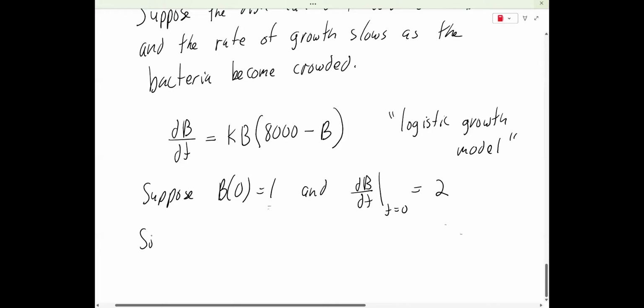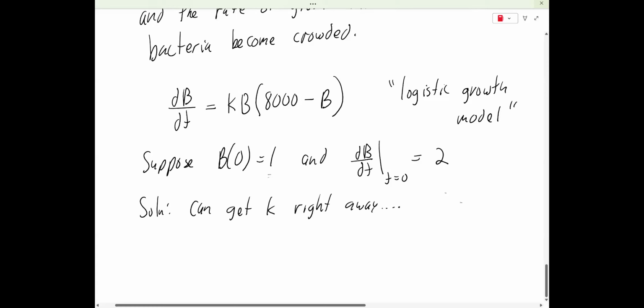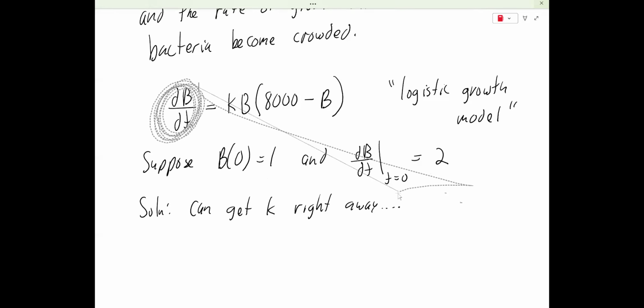So we'll start working on a solution here. You can get k right away for this, right? Because what goes here at time 0? 2, because dB/dt evaluated at time 0 is 2.